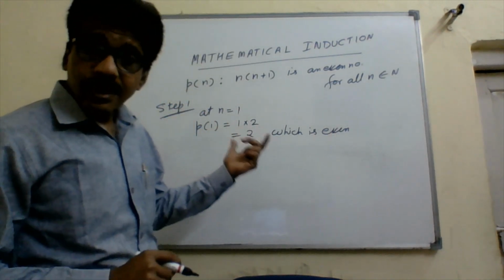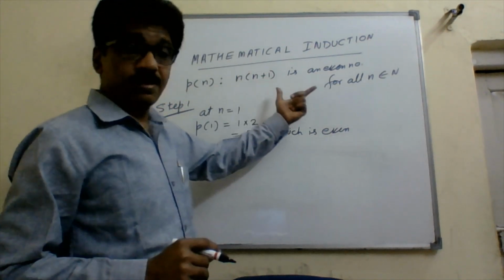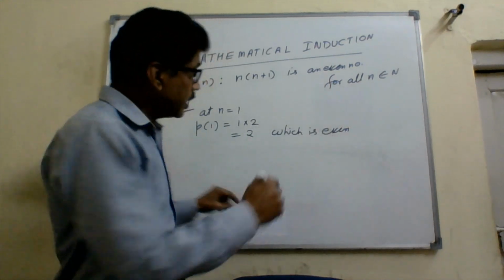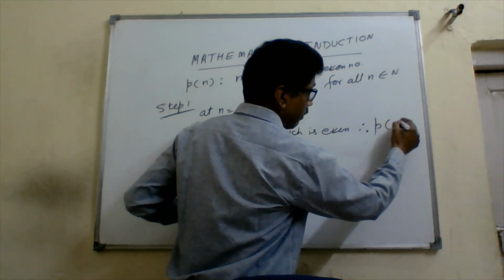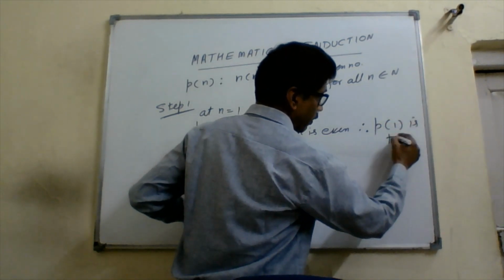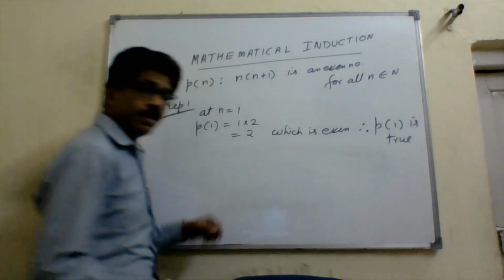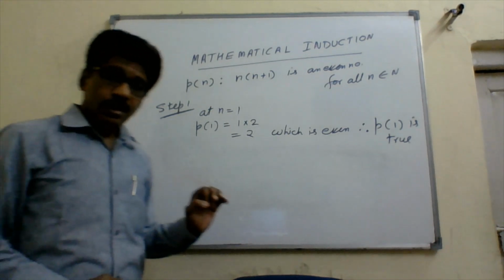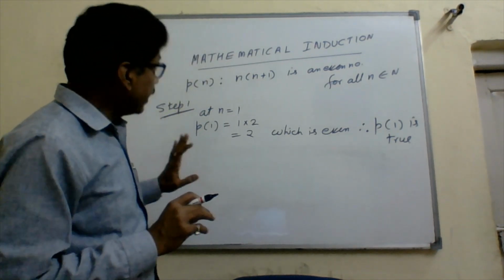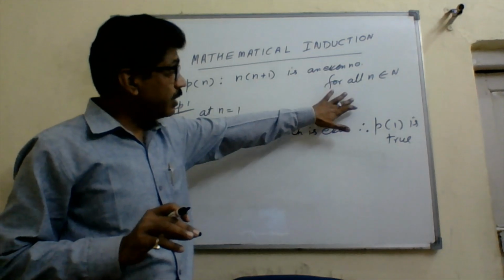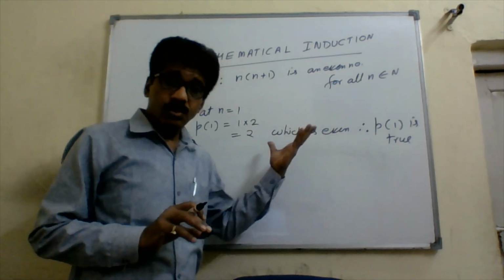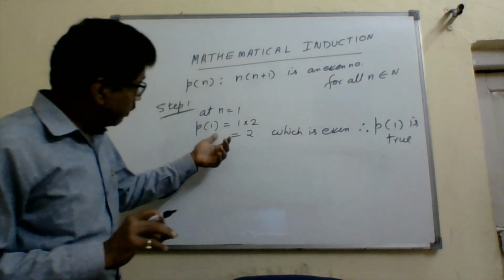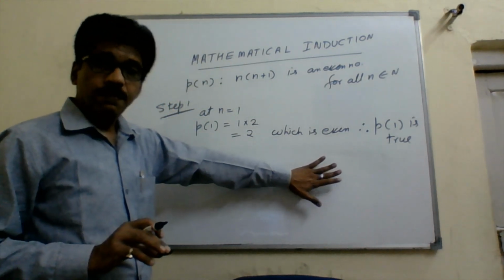And since we are checking the truth of this statement for all natural numbers, we say therefore P1 is true. So at n is equal to 1, it is true.